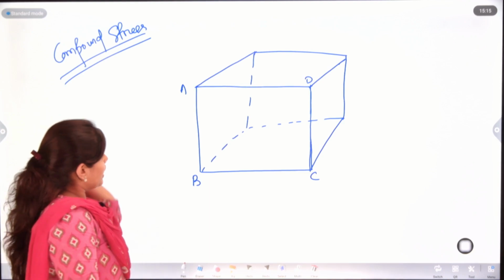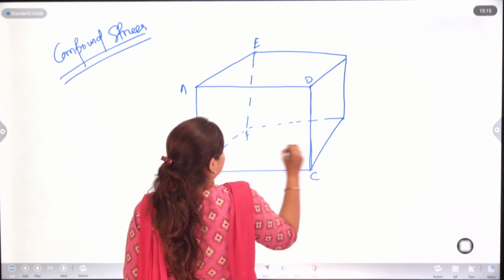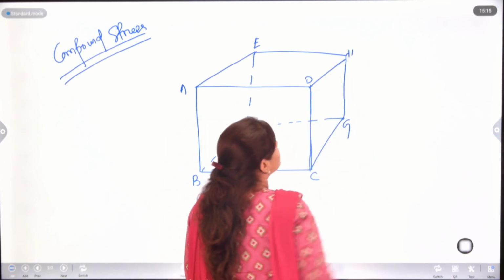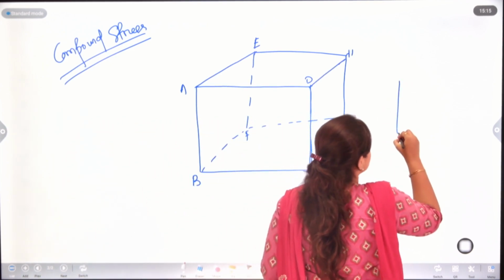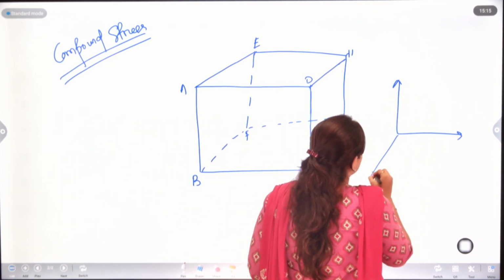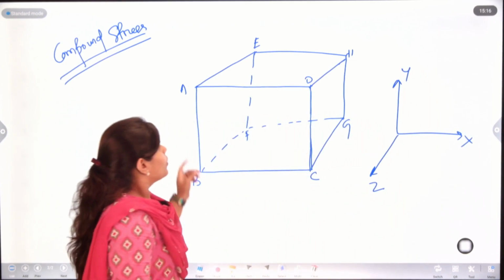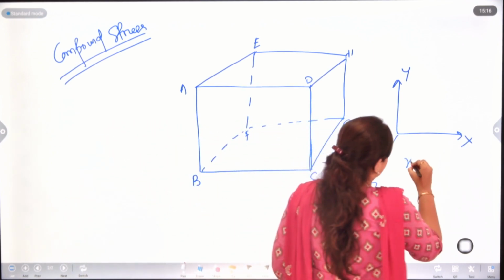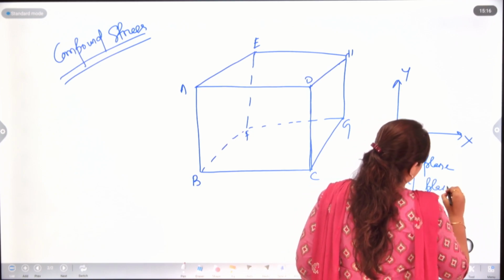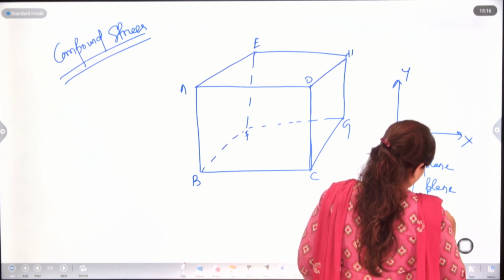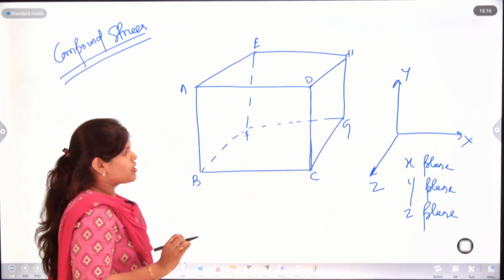As we can see in this A, B, C, D and E, F, G, H block, we have 3 faces. Our stresses work in X, Y and Z directions. Also, we have our X plane, Y plane and Z plane. You can term it as X face, Y face, Z face, there is no issue.